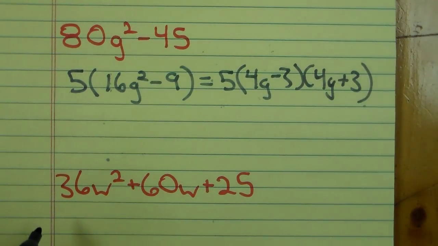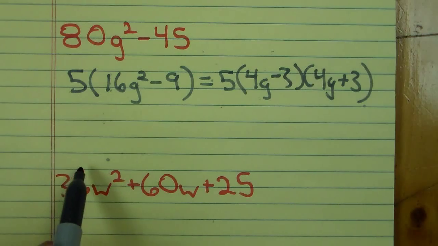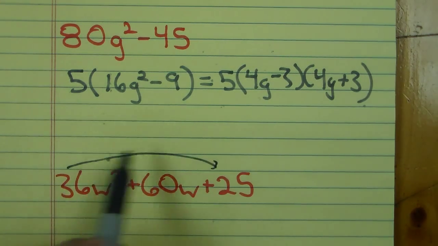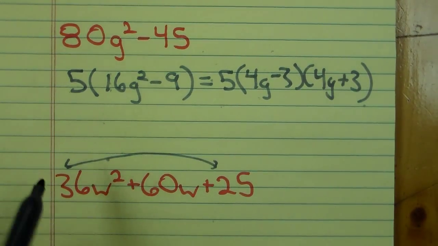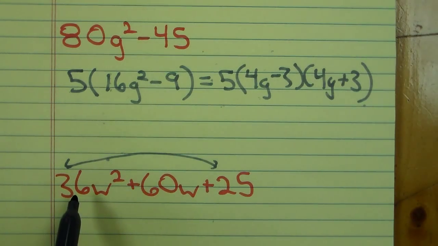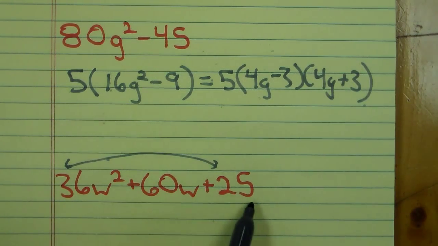Now 36w squared plus 60w plus 25. I could multiply these here. Maybe I can factor. Is there any factors we can find that helps us? Doesn't look like it. This is 3s and 2s. This is 5s. We have 5, and so nothing we can work with.